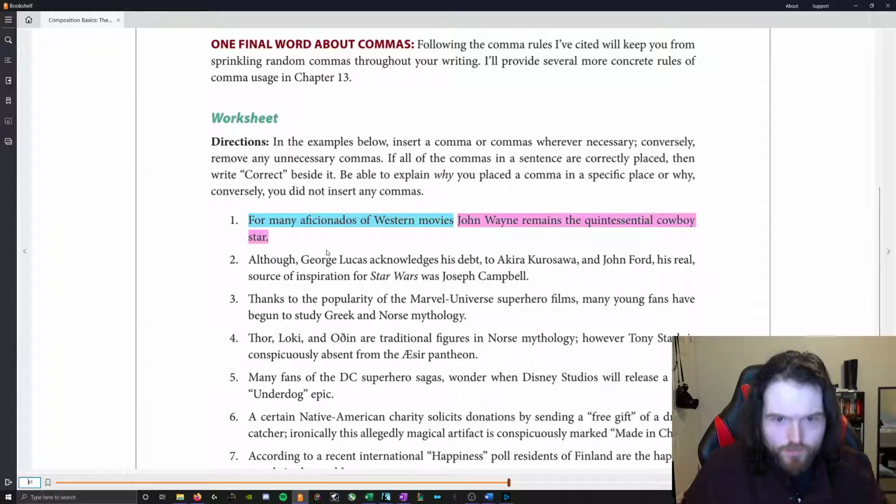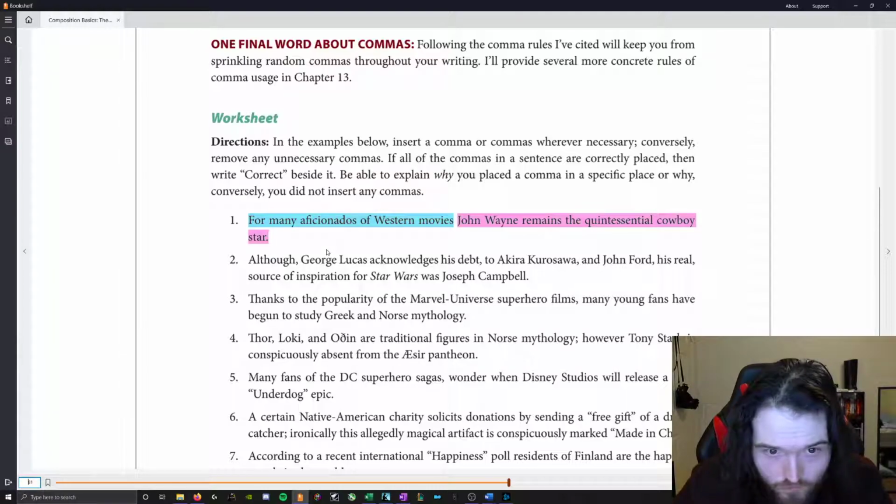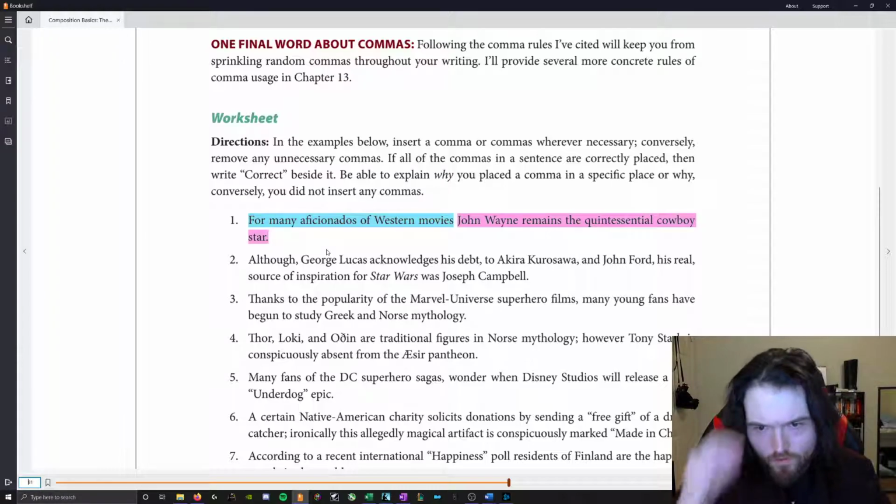Although George Lucas acknowledges his debt to Akira Kurosawa and John Ford, his real source of inspiration for Star Wars was Joseph Campbell. Okay, so this one, unlike the last one, has the problem of too many commas.